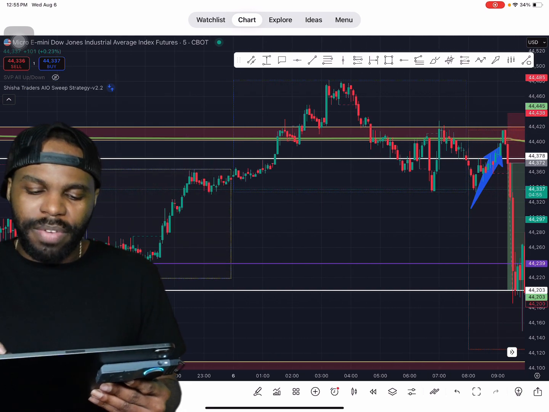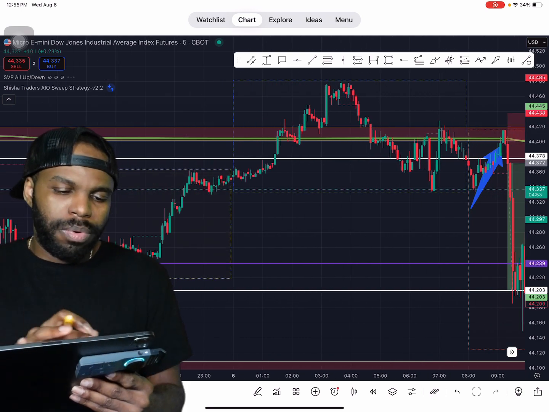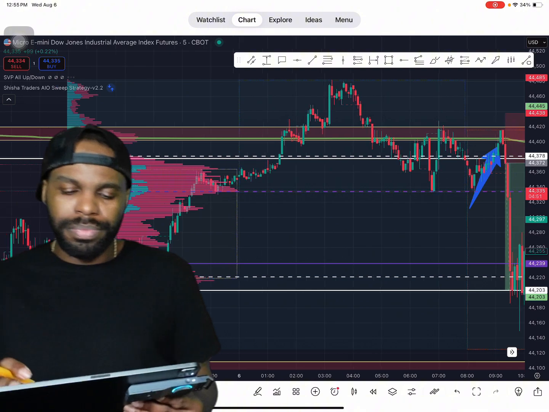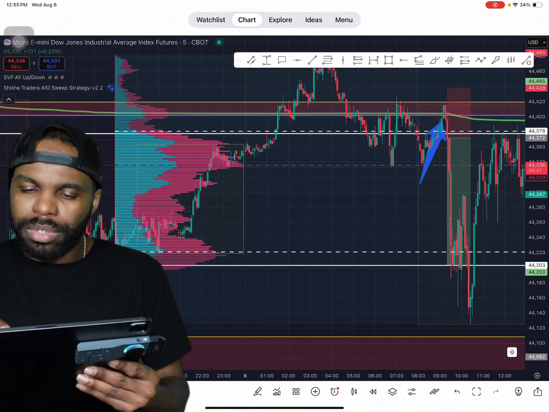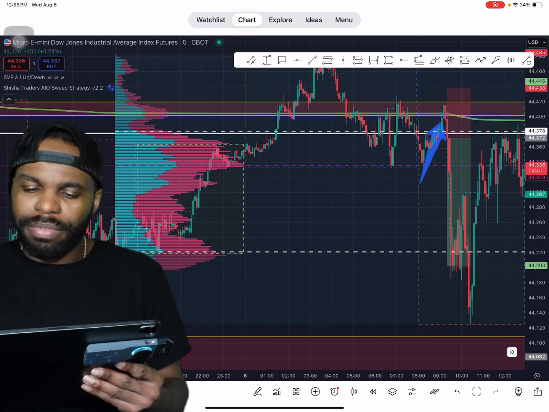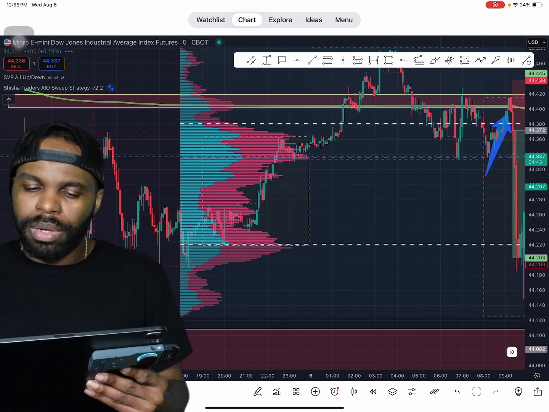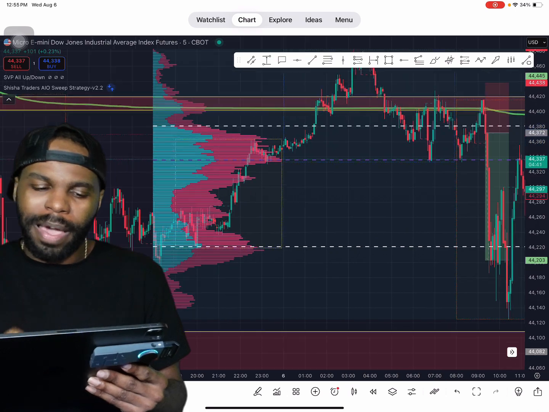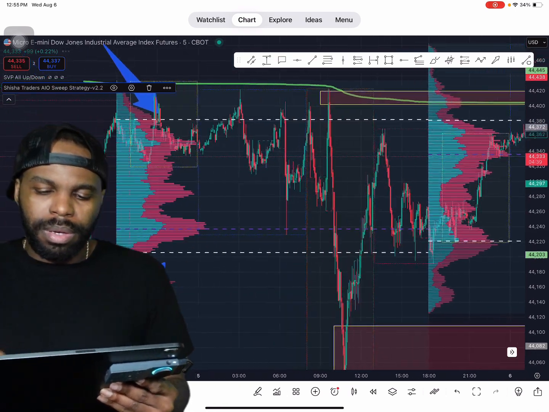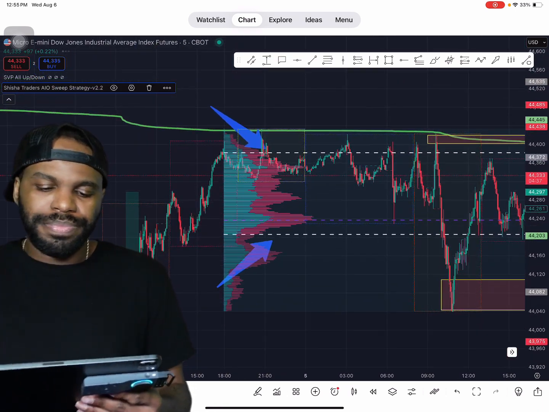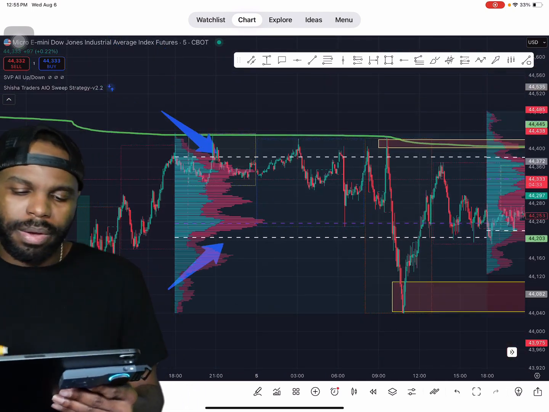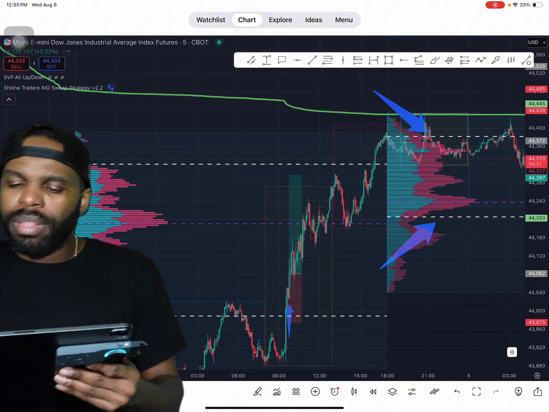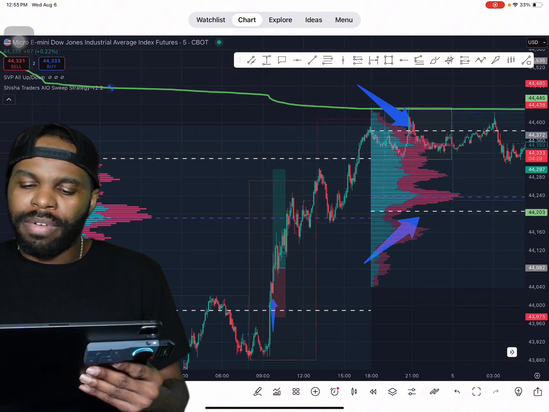Let me see if I can show you guys one more example when it comes to the session volume profile. Let me go ahead and just delete these levels, because like I said, I like to use the previous days. So let's go back in the past here. As you can see here, I already got it marked up. I already got the value area high marked up, and I got the value area low here.